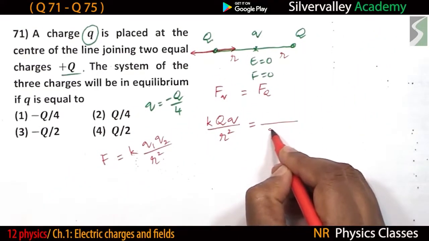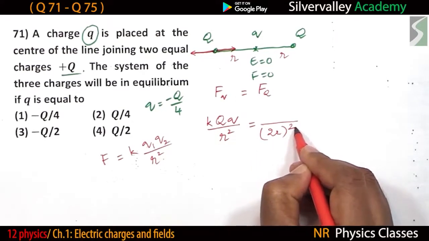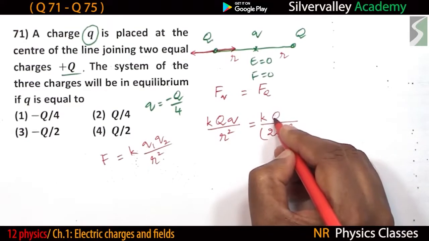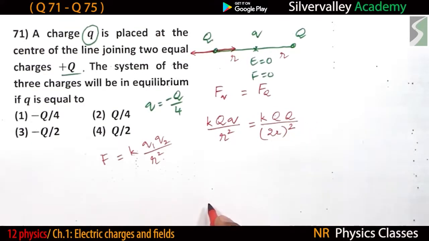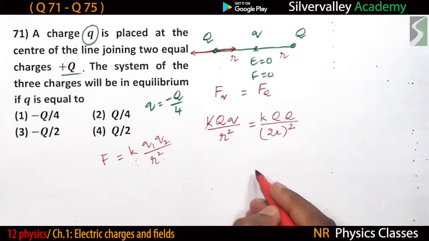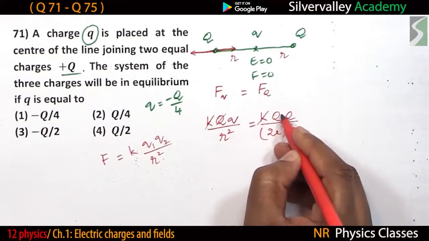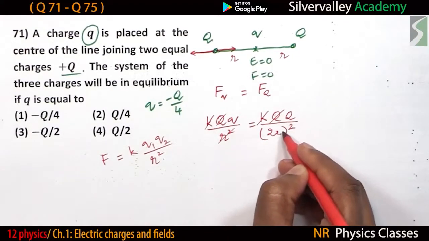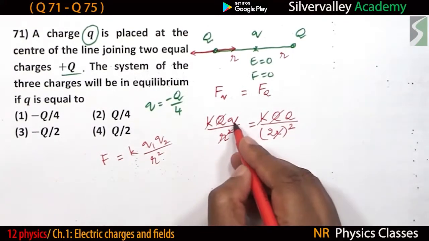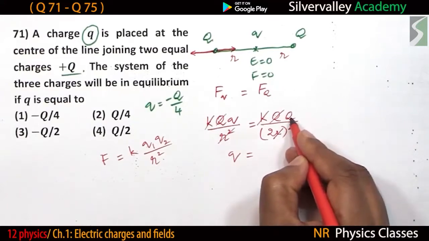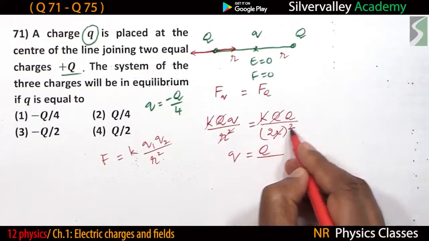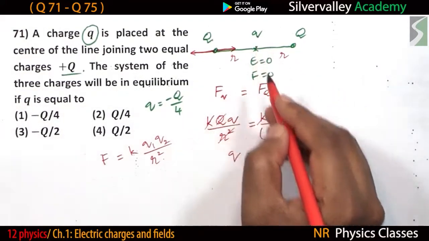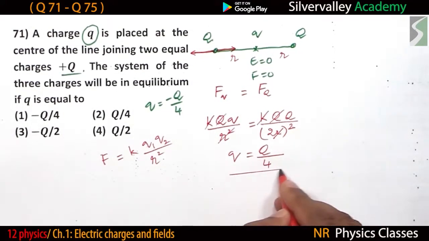So in the denominator 2r whole square, constant capital Q capital Q. r square cancels. So we are left with q equal to capital Q by 2 square, which is 4. So this small charge should be Q by 4.